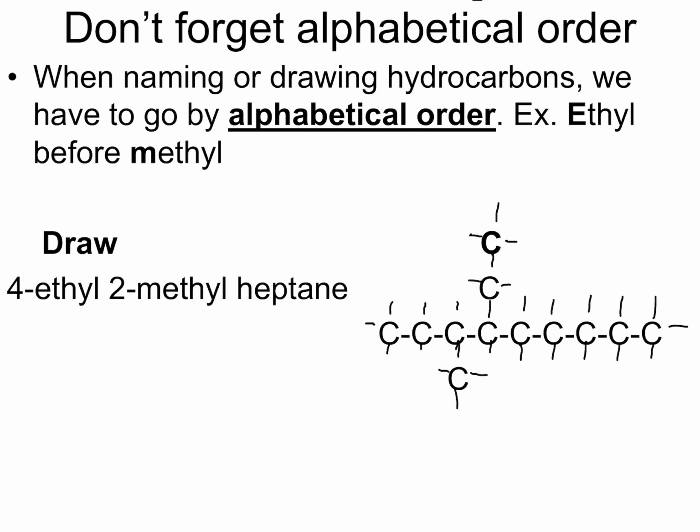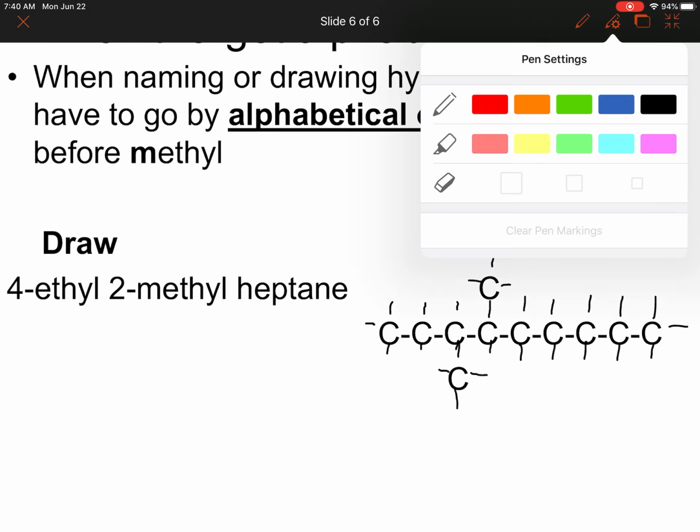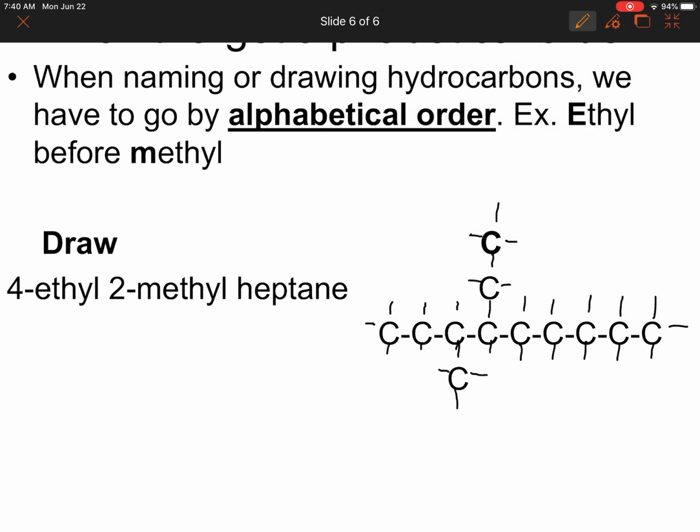Don't forget alphabetical order. When naming or drawing hydrocarbons, we have to go by alphabetical order. For example, ethyl goes before methyl. So again, what's the rule? Start on the right. Hept, epta in Greek, or table P, is 7. 1, 2, 3, 4, 5, 6, 7. Ane means single bonds. Good. 2-methyl.